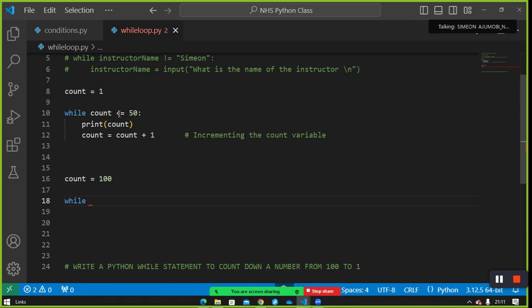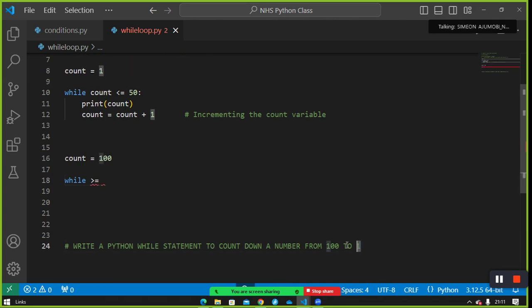While count is lesser than or equals to 50, at this time it's not going to be that. It's going to be while count is greater than or equals to what? Well, what is our last place? 1.